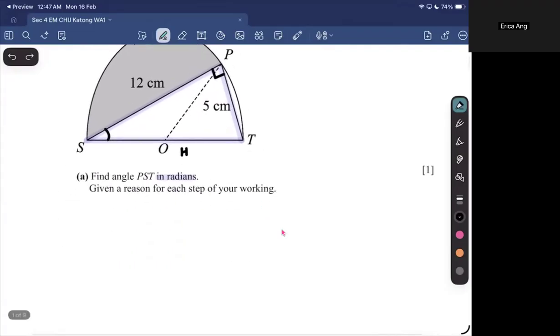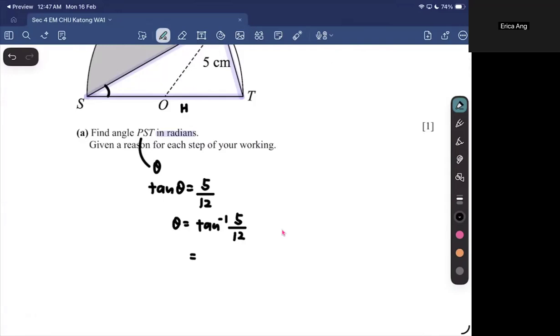So let's say I let this angle PST be theta. Since it's opposite and adjacent, tangent theta is opposite over adjacent. So my theta is tangent inverse like that. In radian mode, five significant figure, you have 0.39479.